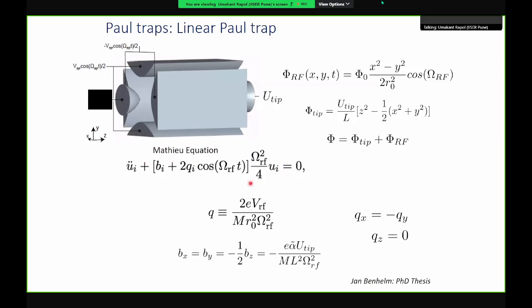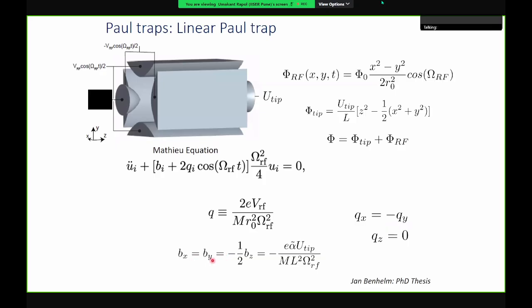So you do the same analysis again. You write the Mathieu equations, and here the coefficient is taken as B instead of A. Along the X and Y direction, the coefficient B is the same, whereas QZ is 0.